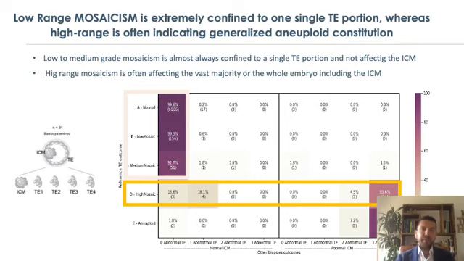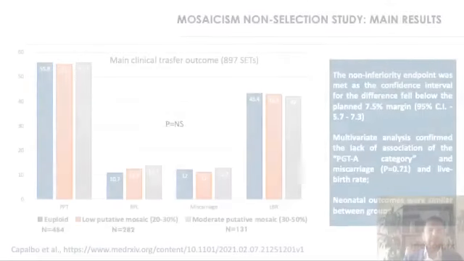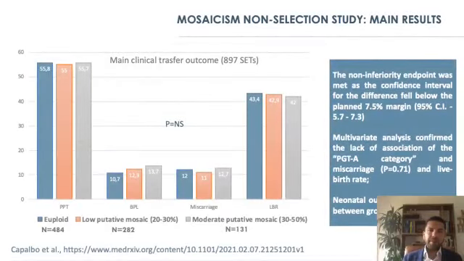That's why in our clinical trial, we decided to report as normal the embryos showing a putative mosaic finding up to 50% of chromosome copy number value. You can see the main outcome of our clinical trial. It clearly shows that both the low putative mosaic and the moderate putative mosaic categories perform similarly in terms of clinical outcome as compared to the euploid embryos.